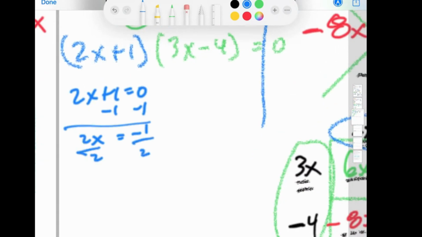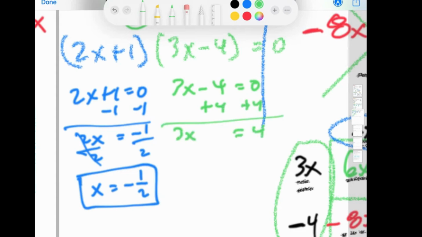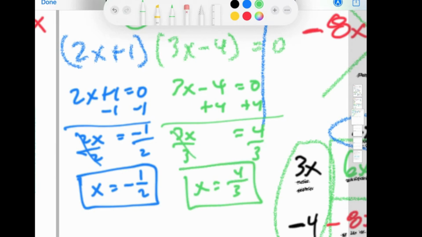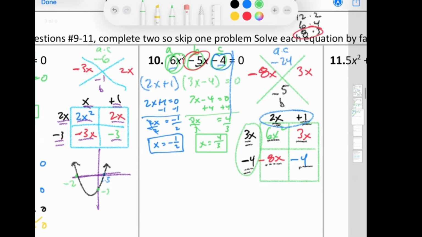Divided by 2 here, that gives you x equals negative 1/2 as a solution. And 3x minus 4 equals 0. Remember, PEMDAS backwards, add first, add and subtract. And then divided by 3 here. Answer. Okay, let's go ahead and check our answer.